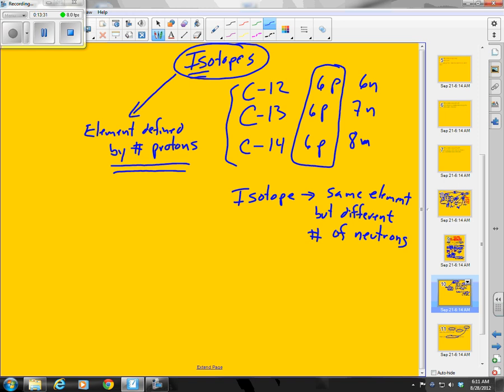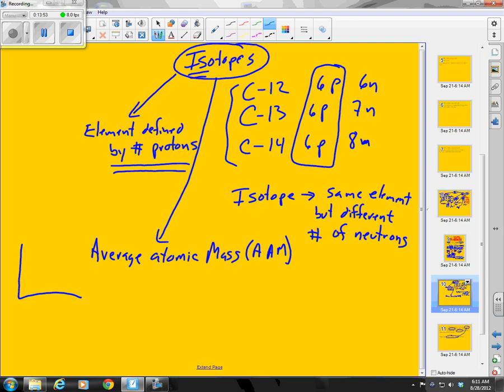Now, we also learned something here, and this is related to isotopes, and this is my average atomic mass. Good. I'm going to abbreviate that AAM. And what is the average atomic mass? Well, when I look at my periodic table, I'll see carbon.